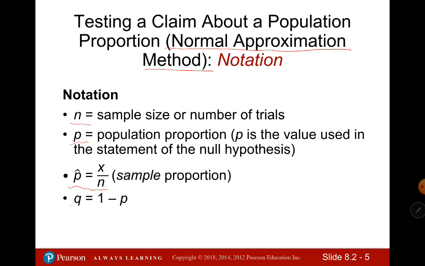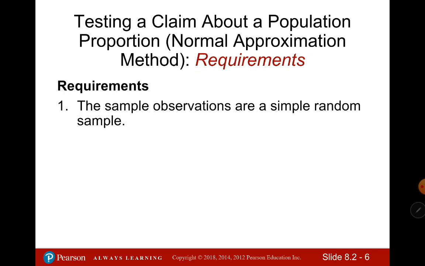So if we know the value of lowercase p, of course we can get the value of q by using 1 minus p. Similarly, if we know the value of p hat, we can get the value of q hat. So it's just the notations.